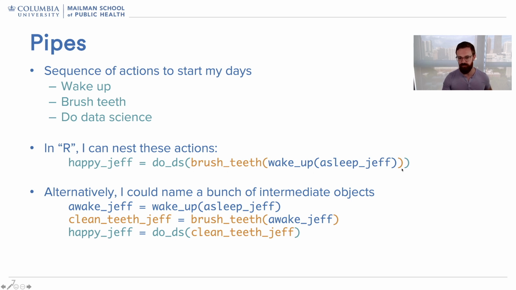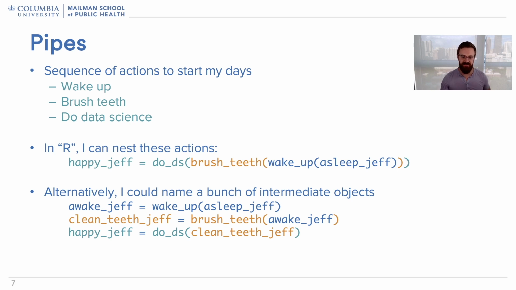At the end of this, I've been woken up and had my teeth brushed, and then I do data science. I can save that as me happily doing data science off to the side. This is one way in R that I can go from me being asleep to me happily doing data science.